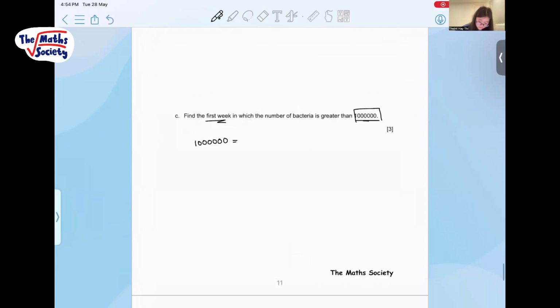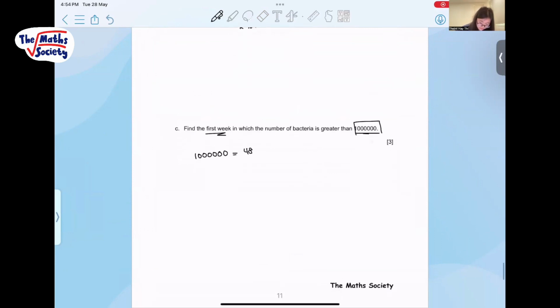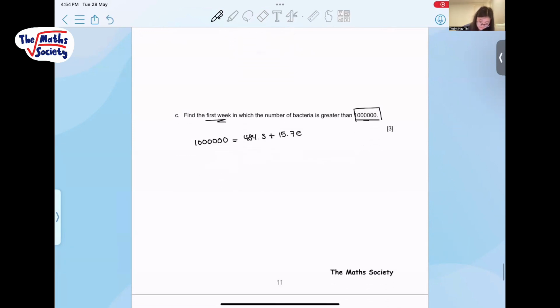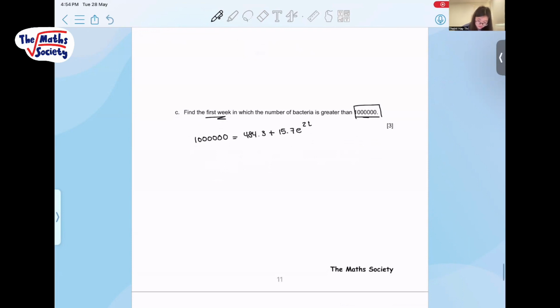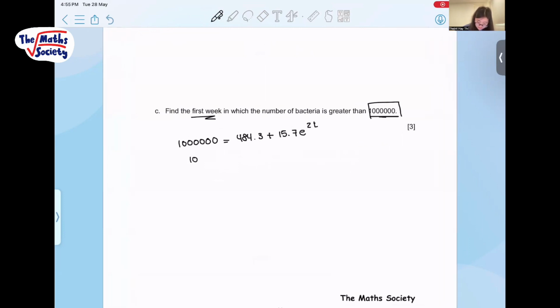It has to be equal to P plus Q e to the power 2t, so 484.3 plus Q e to the power 2t. So we're going to divide first: 1,000,000 minus 484.3, divided by 15.7.